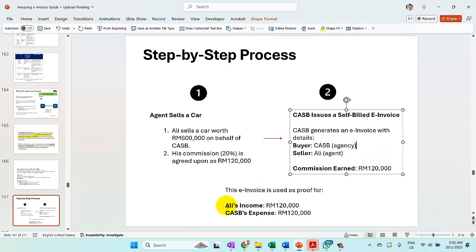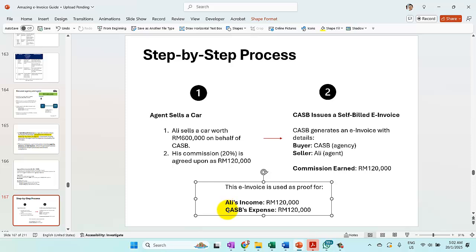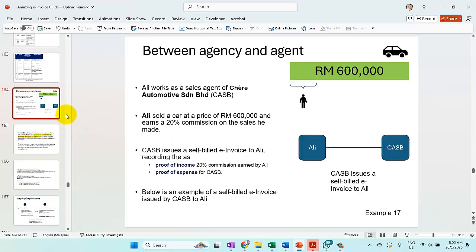So LHDN knows that Ali's income has an additional 120,000, and CSB's expenses is 120,000. This is to prove what kind of income CSB really has, because the real income of CSB is not 600,000. It has to minus this 20%, right?